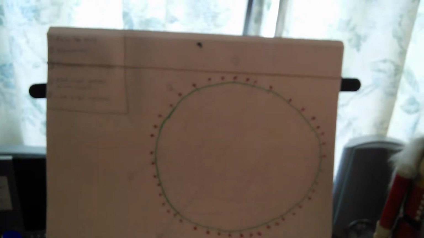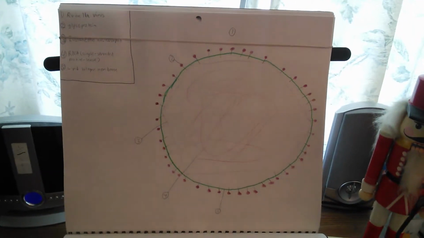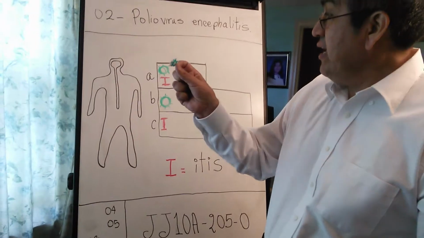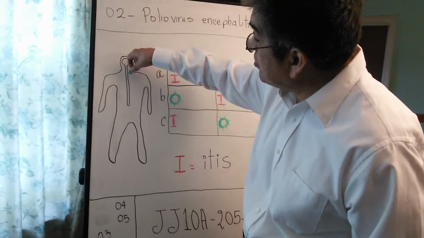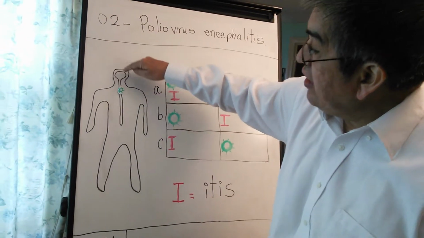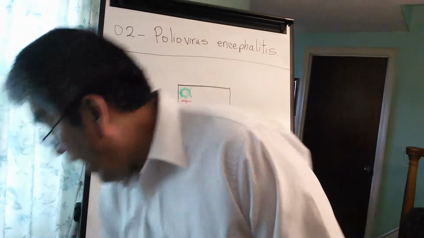Now, what happens here is we're going to have a representation of this virus. The virus comes here, and attaches, gets into our central nervous system, which is the brain and the spinal cord. So what happens when the virus gets in?